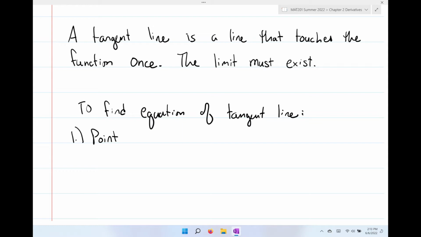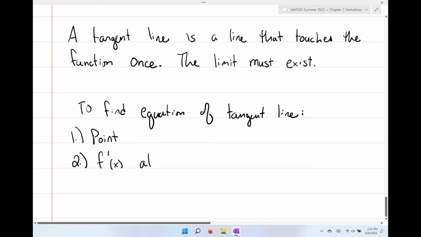All right. The second thing you're going to need is your derivative evaluated at x equals a. So in other words, whatever that point is. So the point is going to be a comma f of a. And you're going to take whatever this x value is and substitute it into the function itself. Okay.